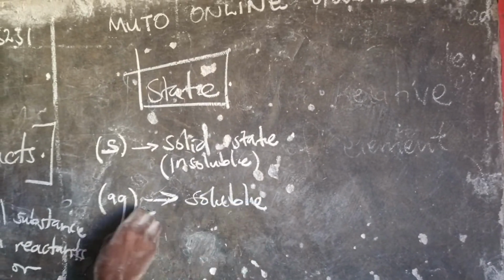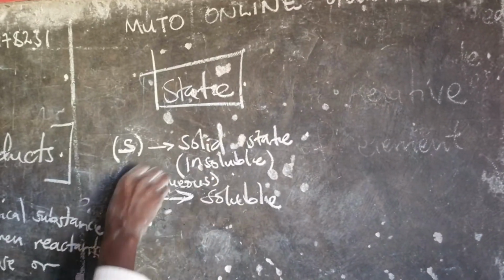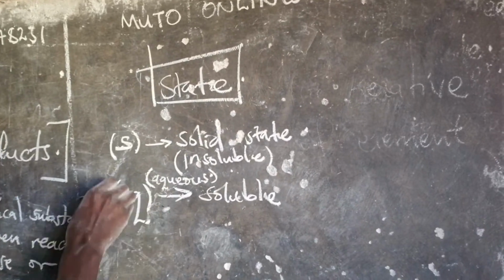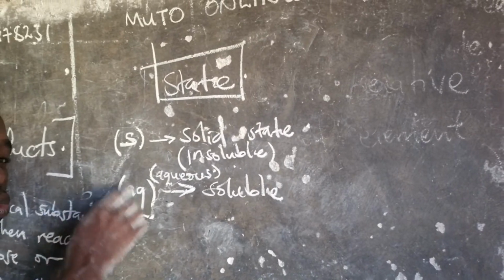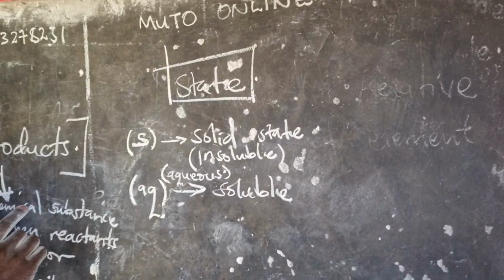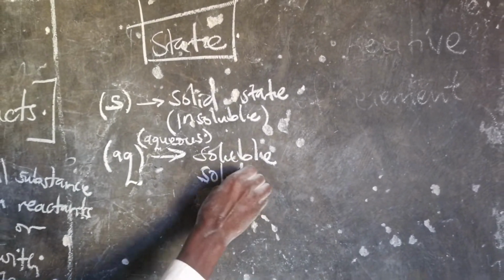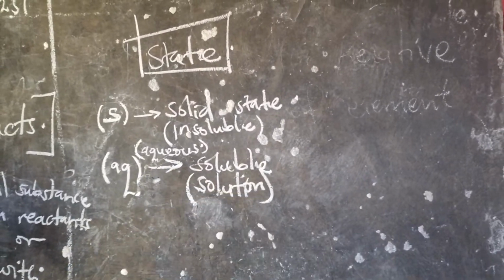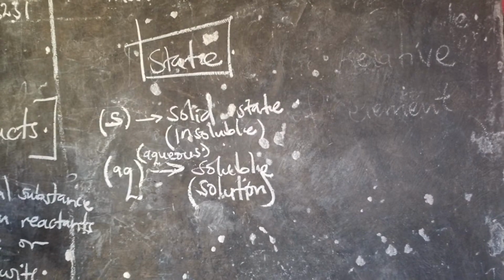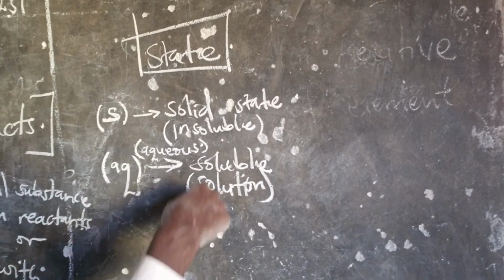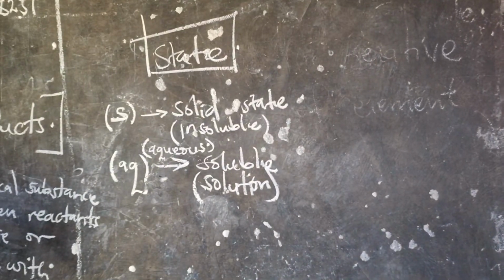The word AQ means aqueous. This will always represent substances that are in solution state, substances that are soluble, that will appear as clear solutions.